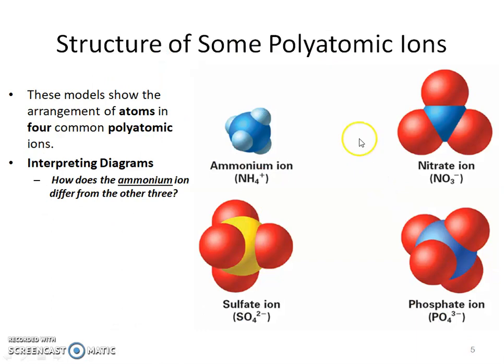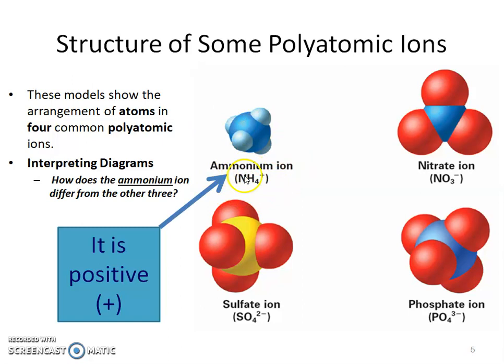So pause the video, read that these are the models, and can you come up with an answer for interpreting diagrams? Hopefully this makes sense, that the only ammonium ion, the one that you need to know, is the only one that's positive. And I thought that this was nice because these show you the structure of the main polyatomic ions you're going to need to know.